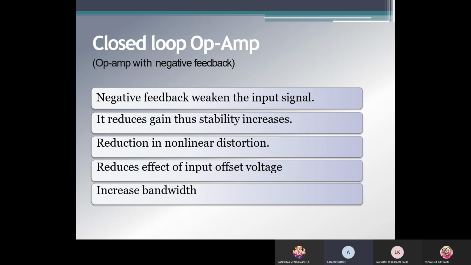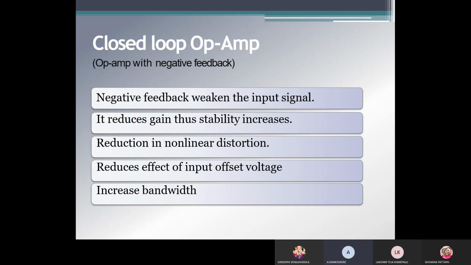So here is the closed loop op amp with negative feedback. Whenever we connect negative feedback, it weakens the input signal and reduces the gain. When the gain reduces, stability increases, so it will act as a stable device.